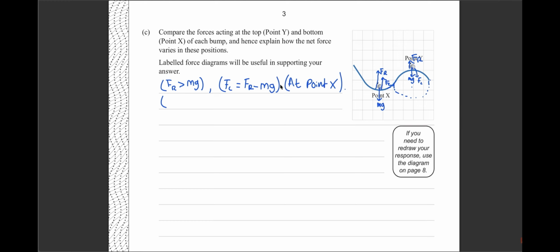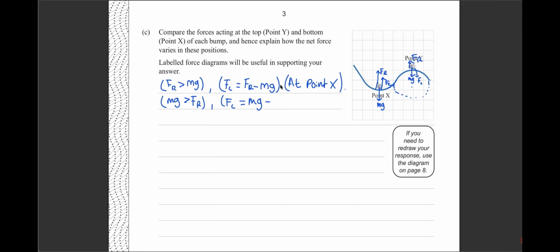And then at point Y, we would have the result that the force acting to the center must be larger than the force that's acting away from it. So mg must be greater than Fr. And in this case, your net force acting to the center, or Fc, would just be the difference between your weight force going down and your reaction force.